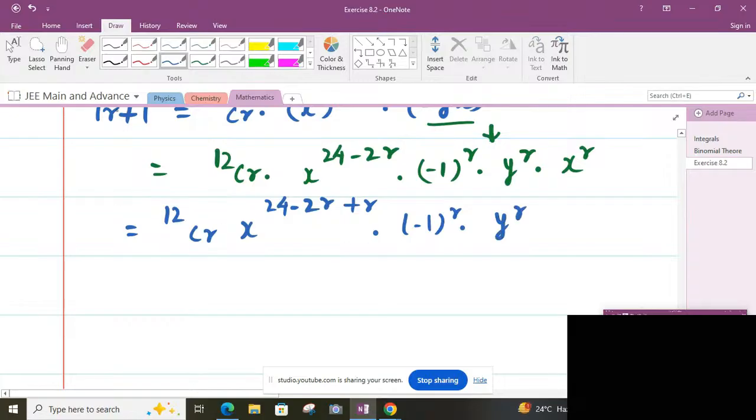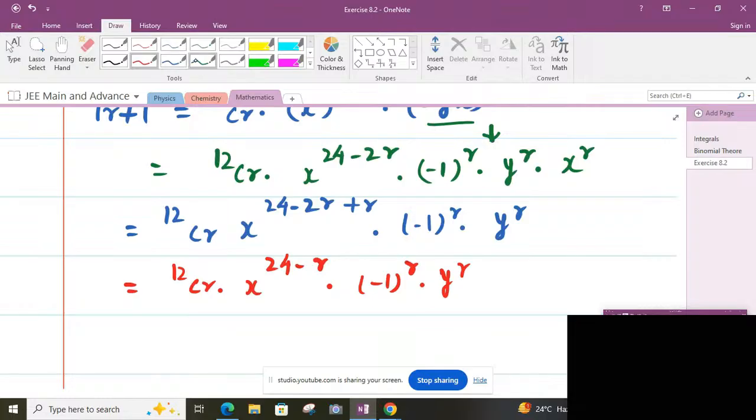So the final step here will be 12 C r into x to the power 24 minus r into minus 1 to the power r into y to the power r. This is the answer. Hope that there is no problem to understand the solution of this question.